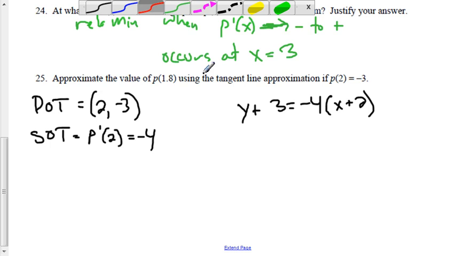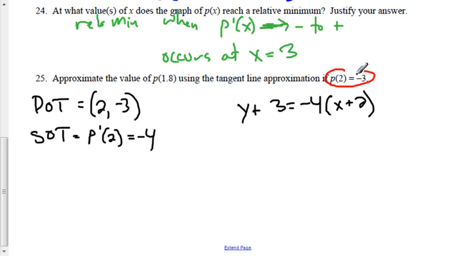Approximate the value of the original function p at 1.8, using the tangent line approximation, if I know that P of 2 equals negative 3. So they had to give us this, and we know that 1.8 is close to 2, but x is 2 when y is negative 3. That's going to give us our point of tangency.